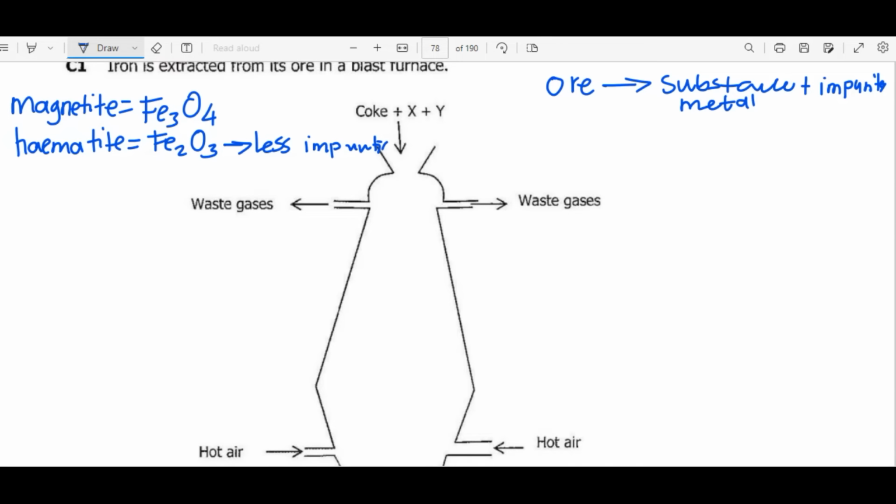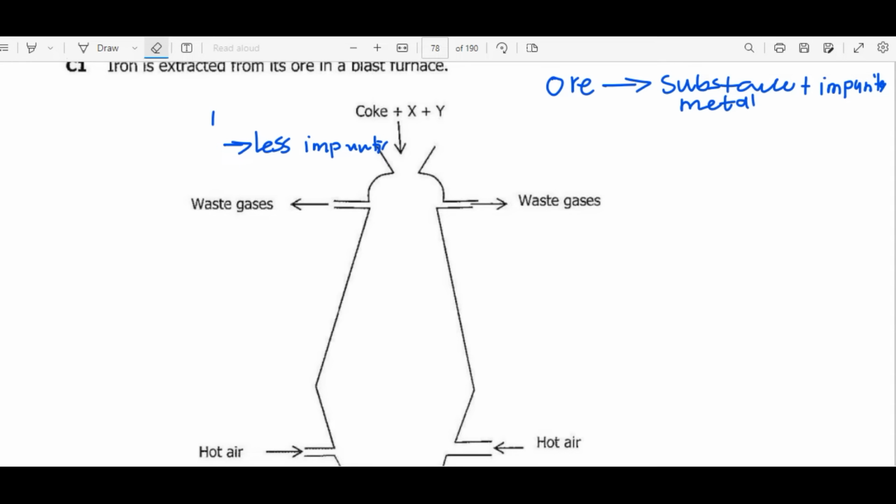In magnetite, the iron content is very small, so there is too much impurity in magnetite compared to hematite. So that's the reason why hematite is used mostly.